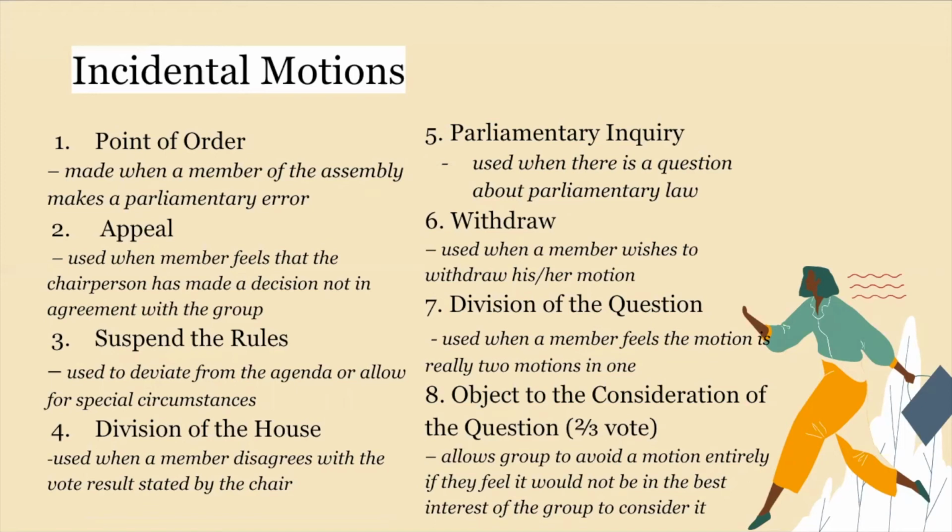Suspend the rules is used to deviate from the agenda or allow for special circumstances. So usually this will be used if there's a guest speaker. You could say, Chairwoman Allen, I move that we suspend the rules so that the guest speaker is able to present how to do blah, blah, blah.